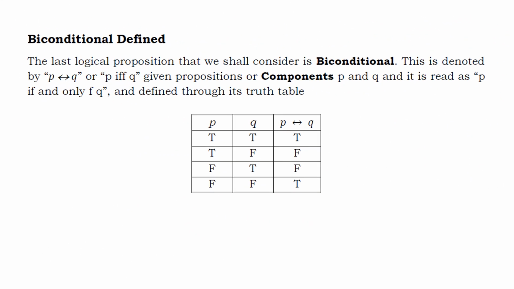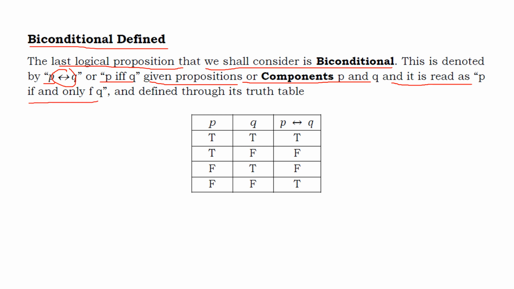Now let's deal with this one, your biconditional defined. The last logical proposition that we shall consider is the biconditional. This is denoted by P, and we use the symbol to represent your biconditional, P if and only if Q, given propositions or components P and Q. It is read as P if and only if Q, and defined through its truth table here.